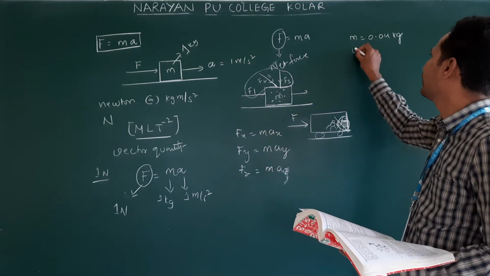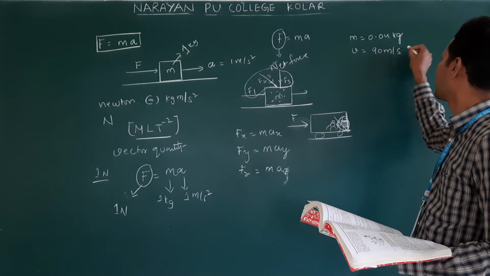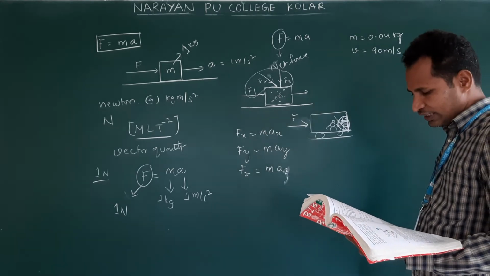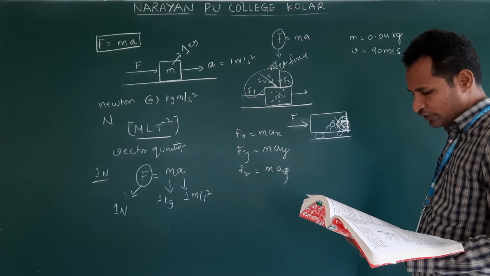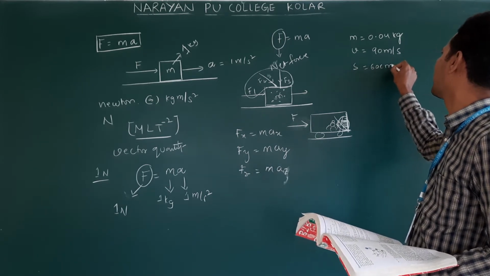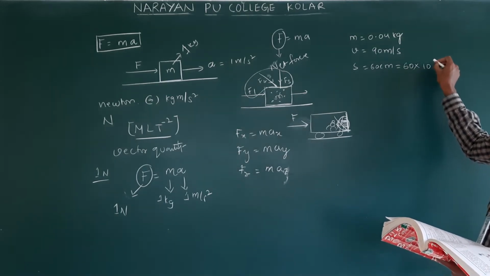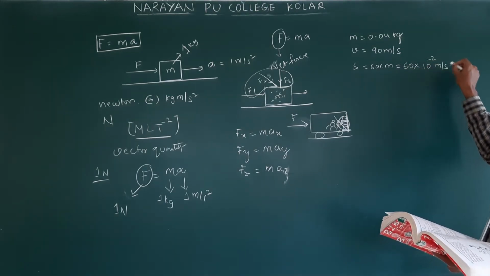It moves with a speed v is equal to 90 meters per second, enters a heavy wooden block and stops after a distance of s is equal to 60 centimeters given. Convert this into meters, 60 into 10 power minus 2 meter.